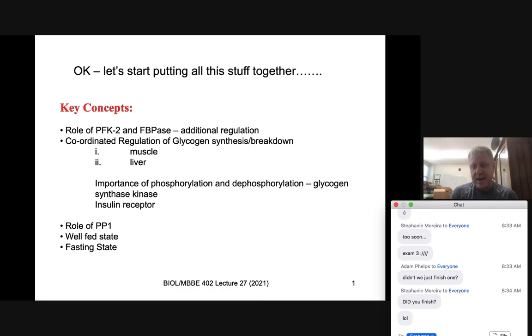And also, again, we're going to keep an eye on this phosphorylation and dephosphorylation. And this is going to have an impact on glycogen importantly.